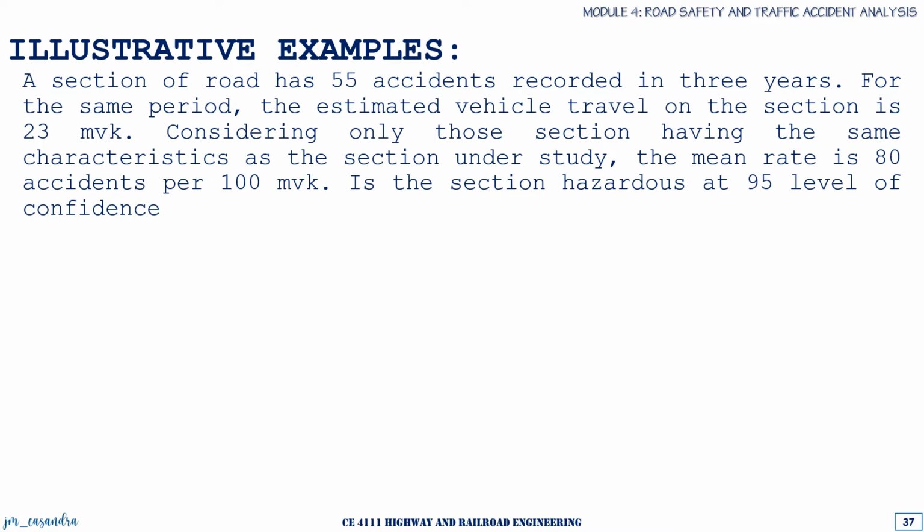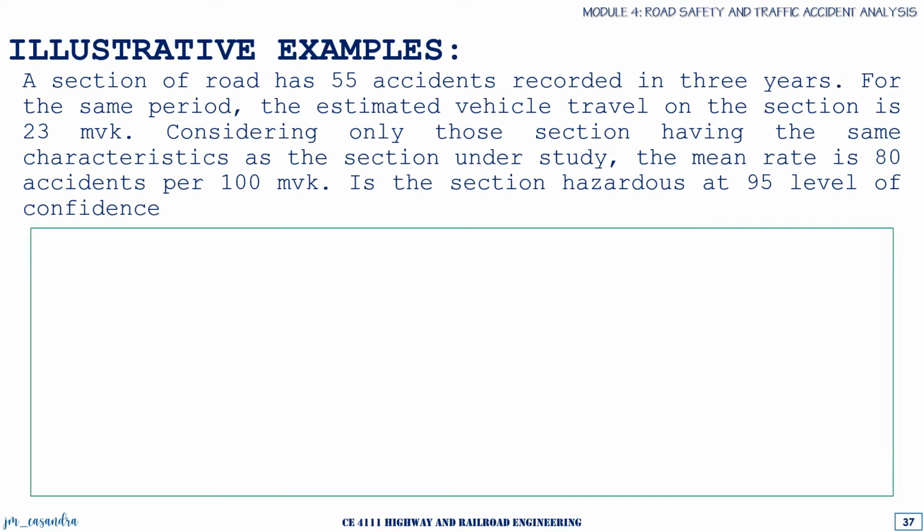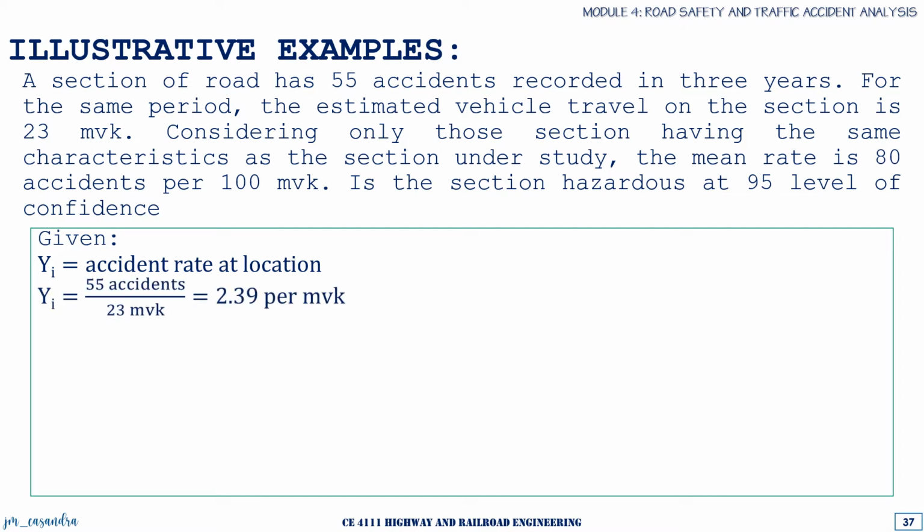Is the section under study hazardous at a level of confidence of 95%? So for our solution, we identify first our given. So y sub i is the accident rate at the location, which is 55 accidents.